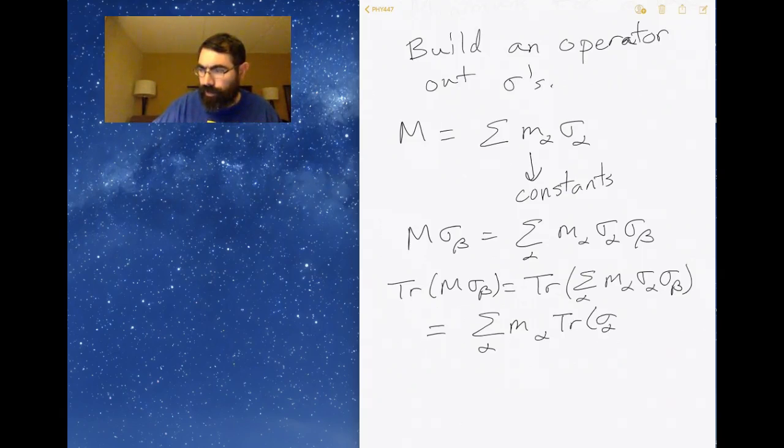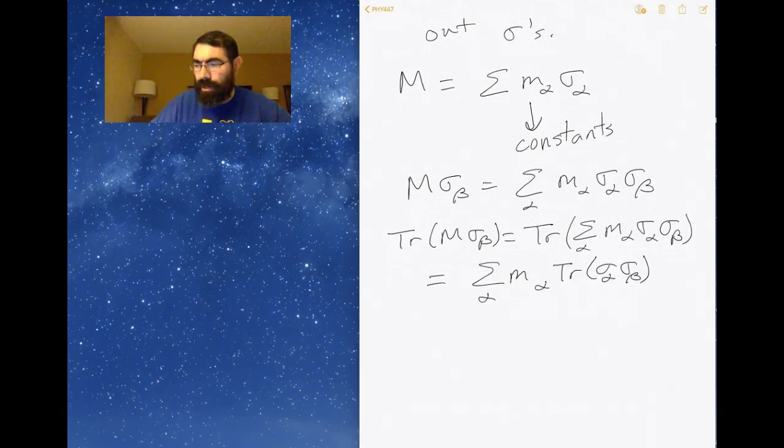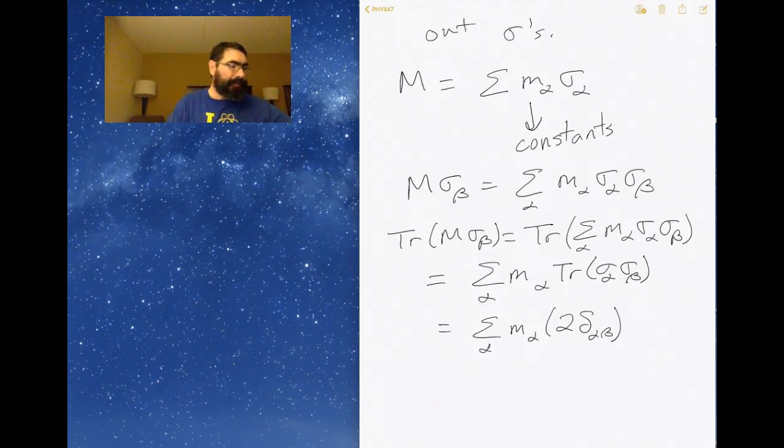So I'm taking the trace of the product of those two spin matrices, but I've already worked out what the trace is going to be. So the sum over alpha is M sub alpha times 2 times the delta function of alpha and beta.